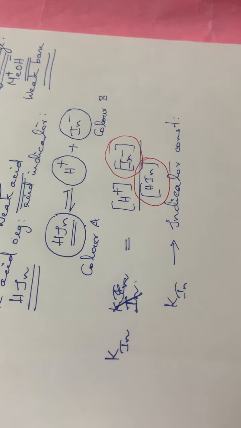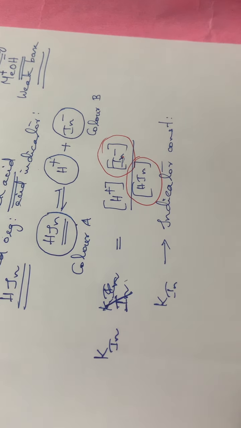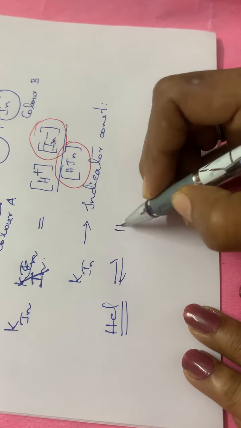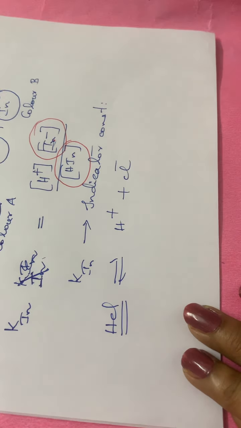So here the color of the solution, as we had already seen, depends upon the concentration of In minus or the concentration of HIn. Therefore, if the solution is acidic, say HCl, that means this HCl will be ionizing as H plus and Cl minus.